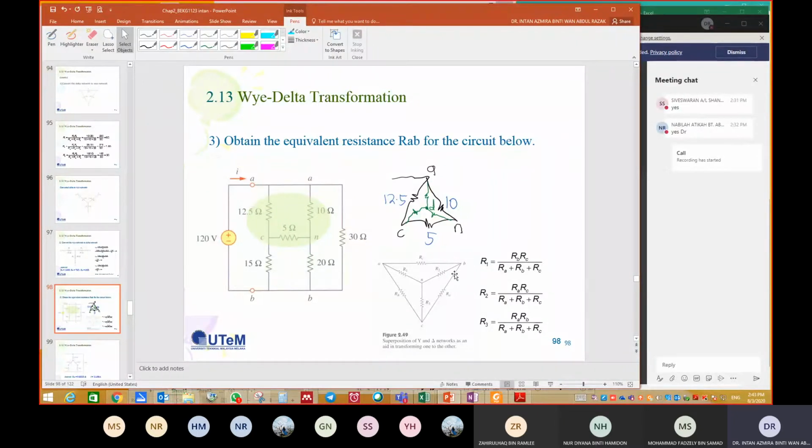Now let's find the R here. How? 12.5 times 10 divided by the summation of all R: 12.5 plus 15, so we get 27.5.